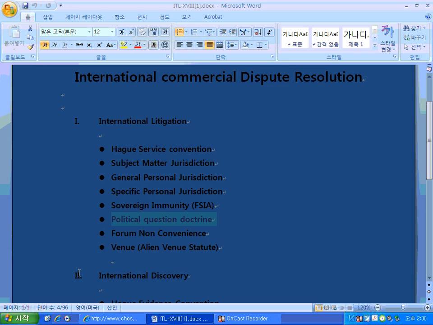And the impossibility of deciding without an initial policy determination of a kind clearly for non-judicial discretion. So the quality of the issue may be reserved exclusively by the constitutional drafters for the political branches, legislative or executive.